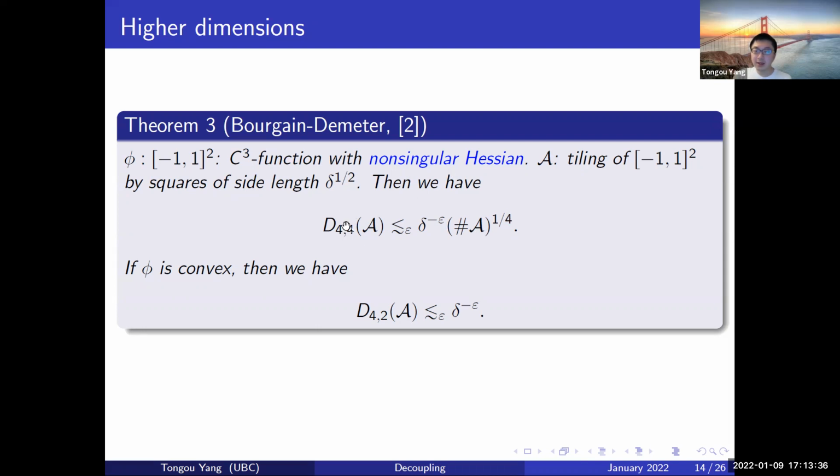Notice that now we have this little L4, capital L4 decoupling. And actually, I think there's a typo here. So more precisely, it should be, okay, let me just roughly correct it. So this A is actually a tiling of the graph of phi over each square.